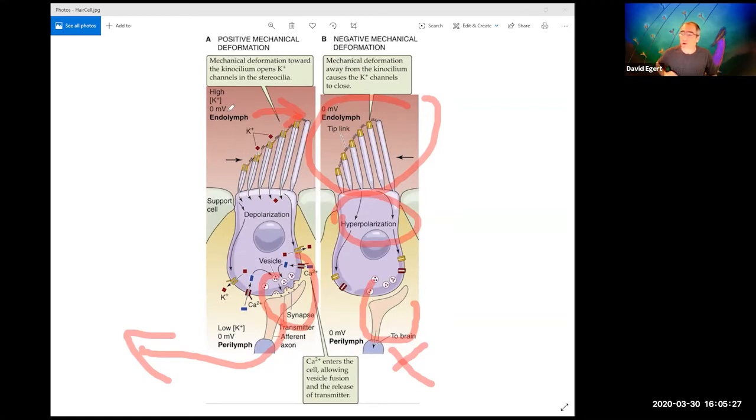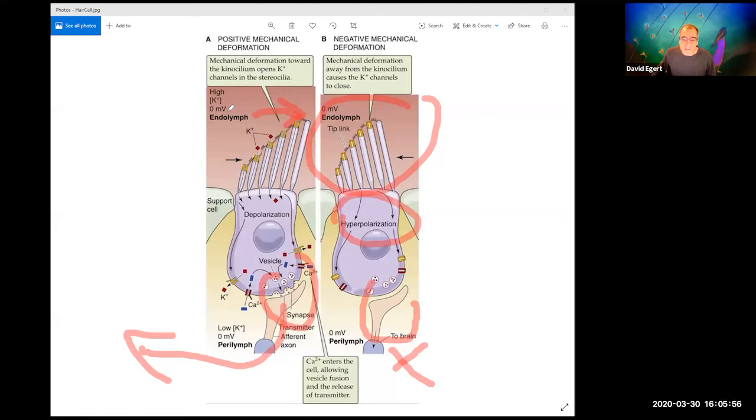The actual voltages in the ear are fascinating, but beyond what we have time to look at. Normally, we think about sodium coming in to make things positive, but the ion concentrations in the fluids in the ear, the endolymph and perilymph, are really different from what we normally think of as intra and extracellular ion concentrations.